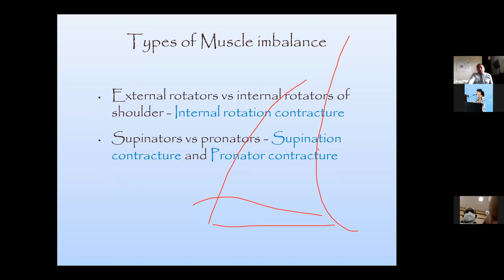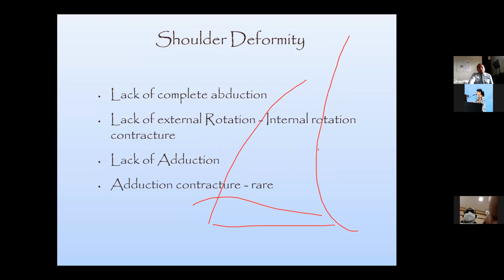Muscle imbalance between the external rotators and internal rotators of the shoulder leads to internal rotation contracture, and there can be supinator versus pronator muscle imbalance. In shoulder deformity, there is lack of complete abduction, lack of external rotation, internal rotation contracture, and sometimes lack of adduction.